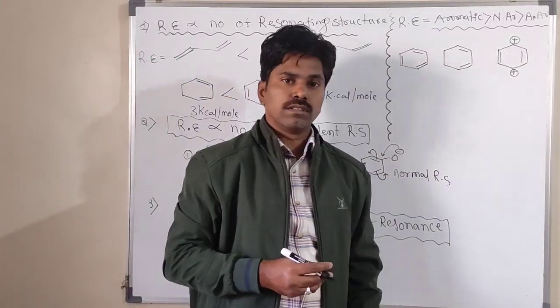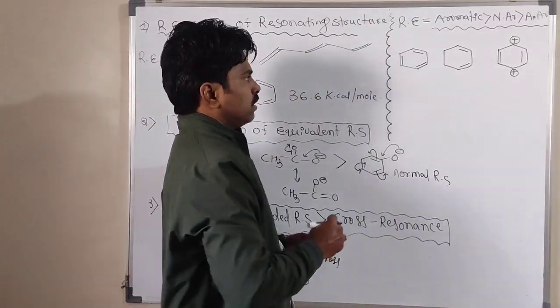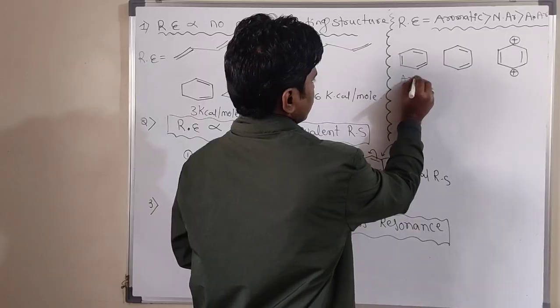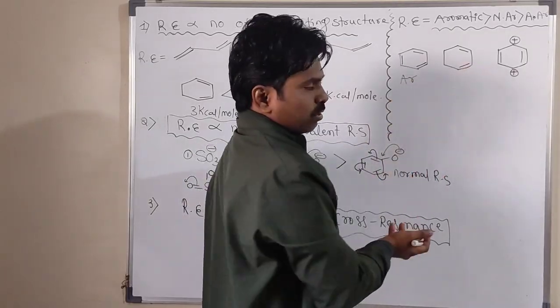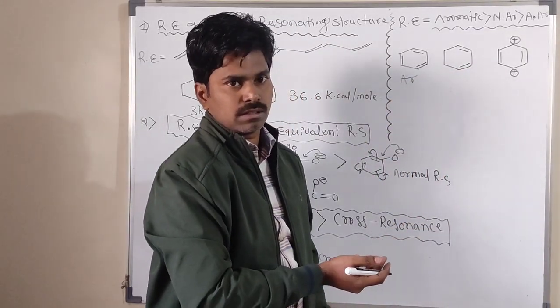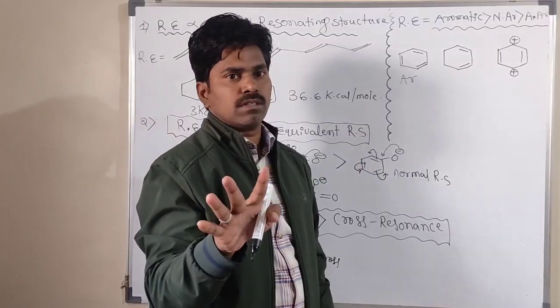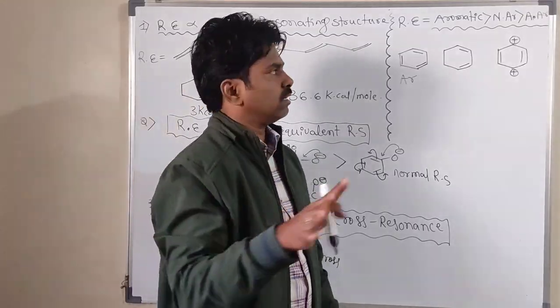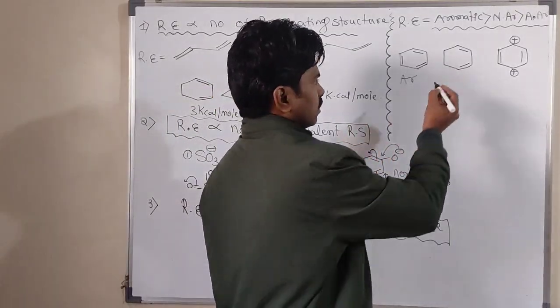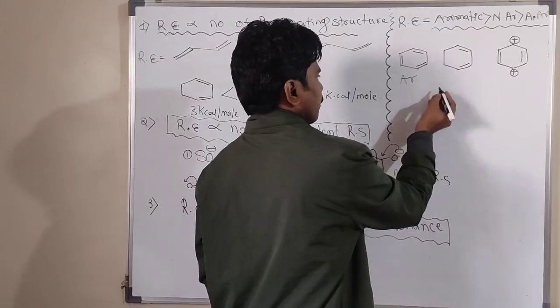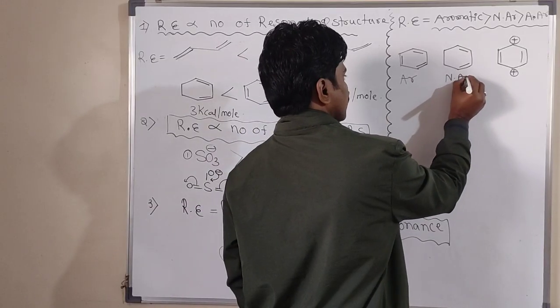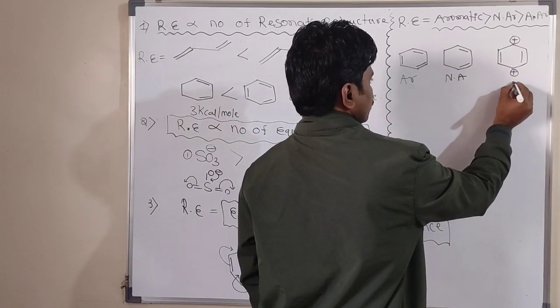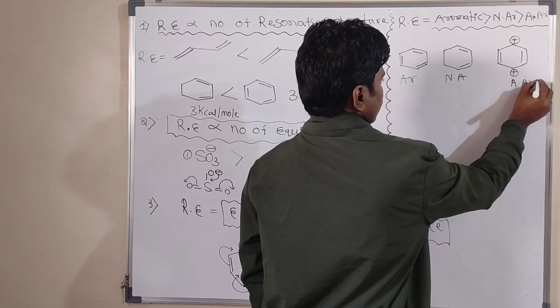If it follows 4n, that is anti-aromatic. So this is aromatic. We know benzene is aromatic. Where there is no complete conjugation, or if any one rule fails, that is non-aromatic. So this is non-aromatic. Here it is anti-aromatic due to 4 pi electrons. Here there are 6 pi electrons.